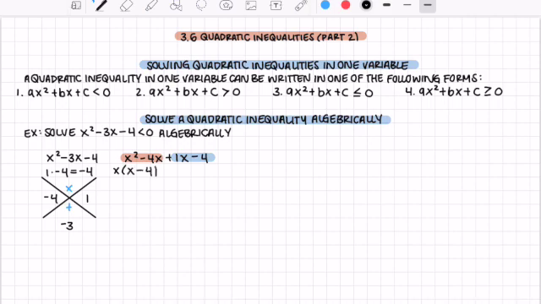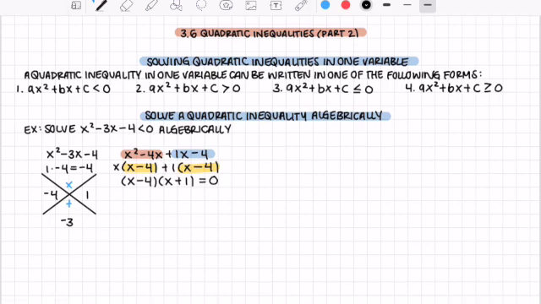The other two terms, I can take out a 1, and I still get x minus 4. And so from here, I can take out the common factor, which is x minus 4, and whatever is left over goes into the leftover factor, x plus 1. And this equals 0.